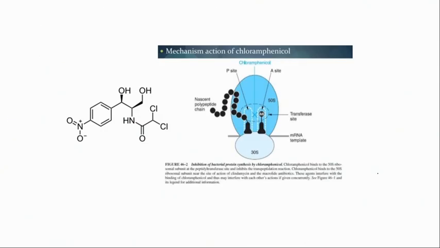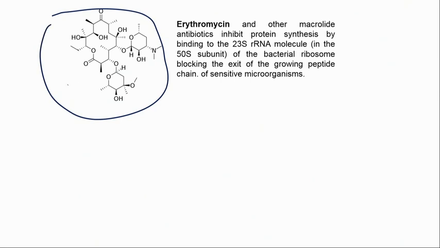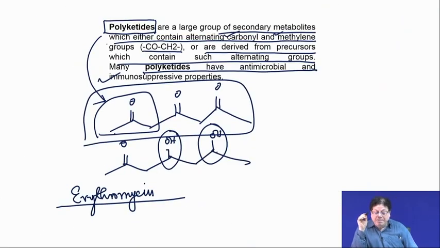I think I have the structure somewhere. Yes, see, this is erythromycin, and the structure that I showed you is almost this one, except lacking the wedge group. So, this is what is called 6-deoxyerythronolide. Let us again go quickly to that structure.